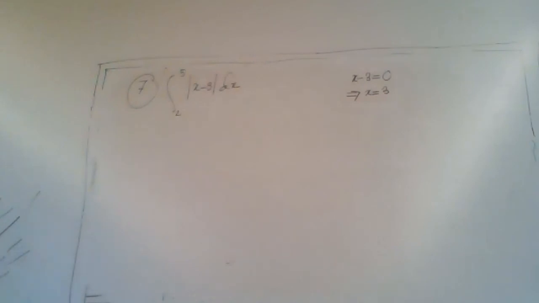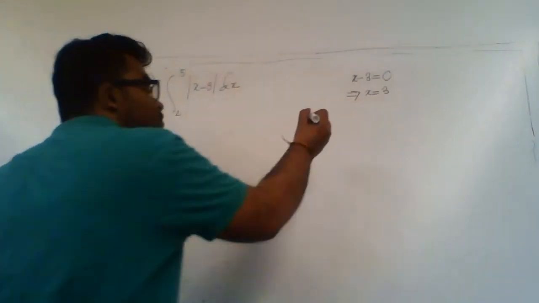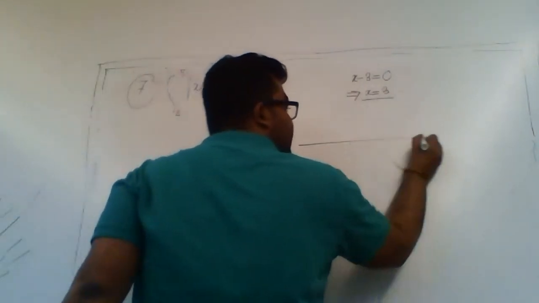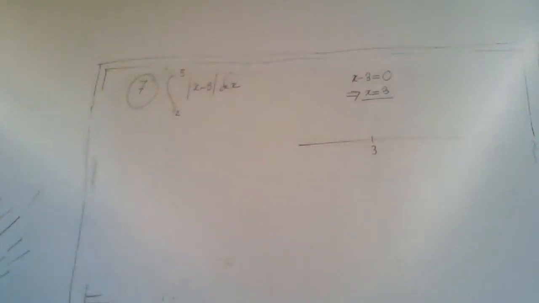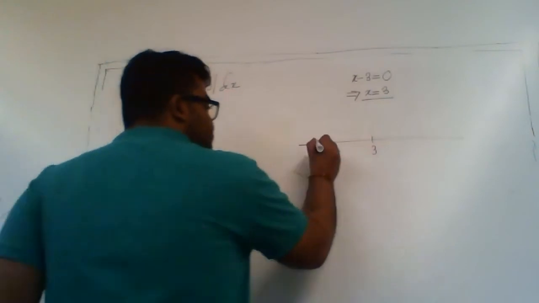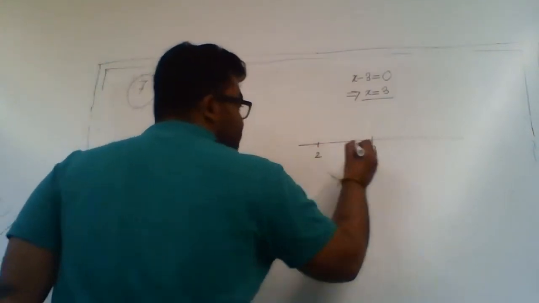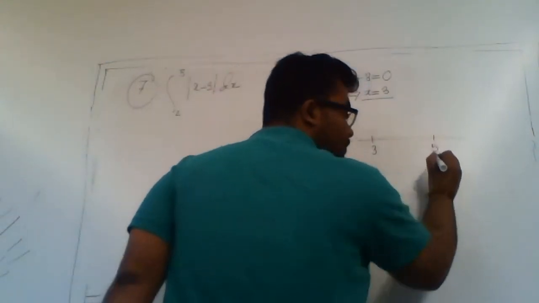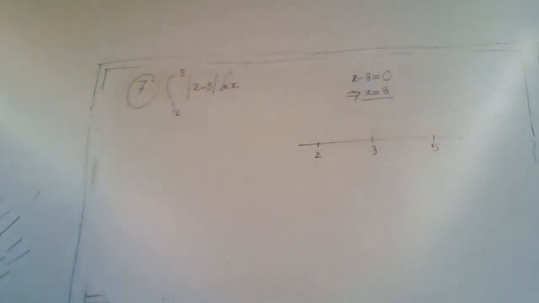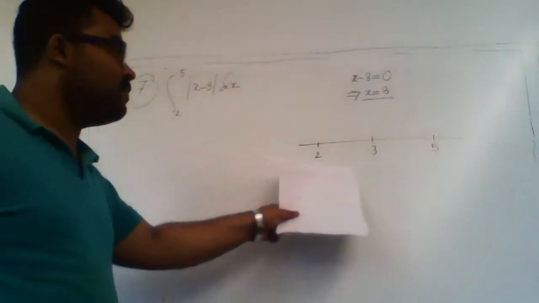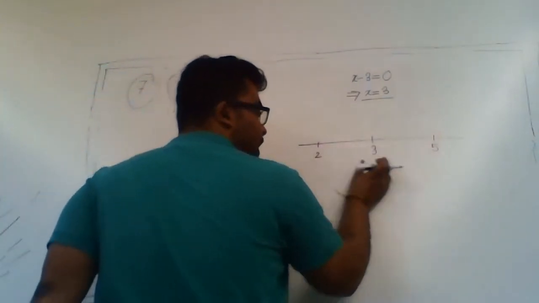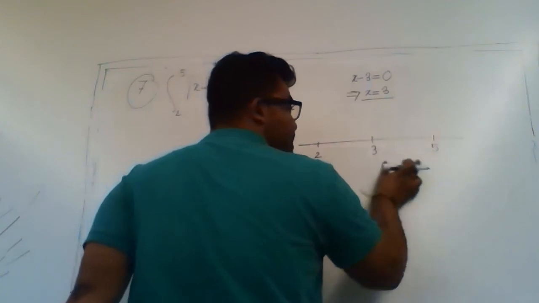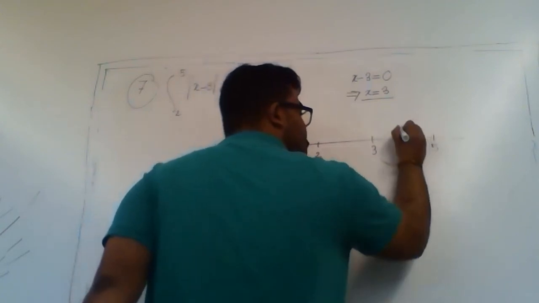Put the value of x you get on solving it on the number line. Put the left endpoint, put the right endpoint. Then you see that you have two parts here. Take a number here, take a number here. If you take a number between 3 and 5, you get 4.